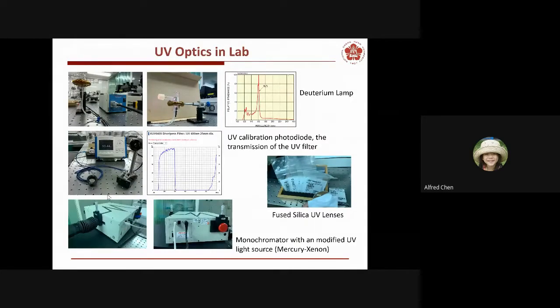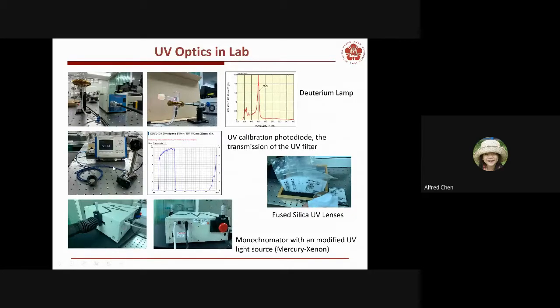So therefore, in the past years, we have purchased several instruments and facilities in our lab, including the UV light source. It is a deuterium lamp. This is the spectrum of this lamp. It can generate UV light for our calibration.